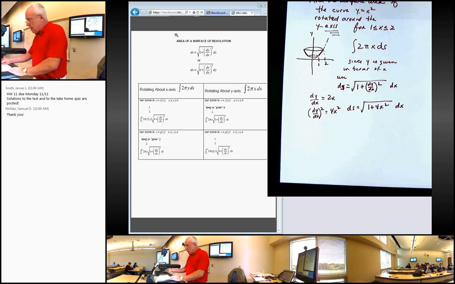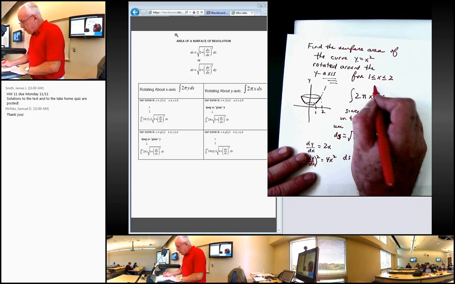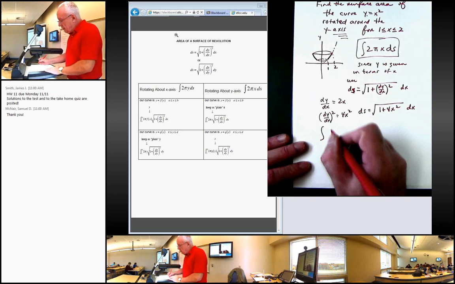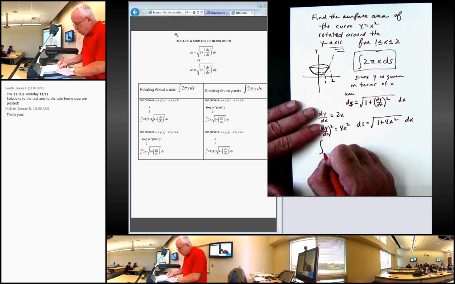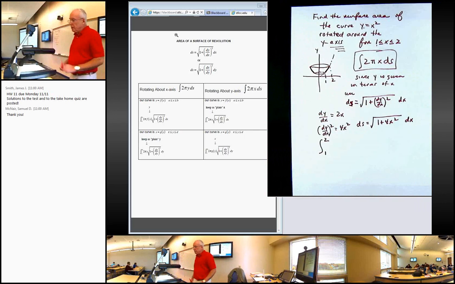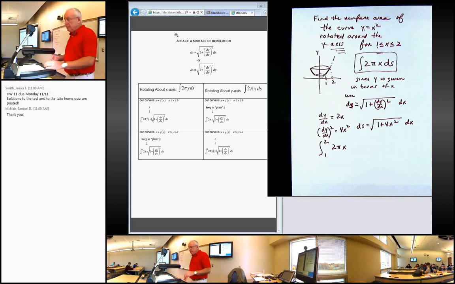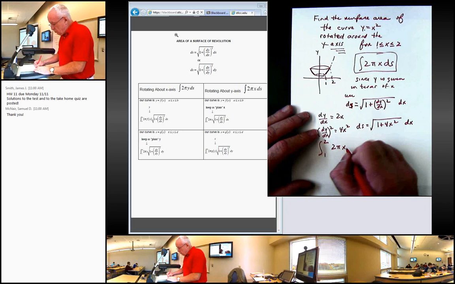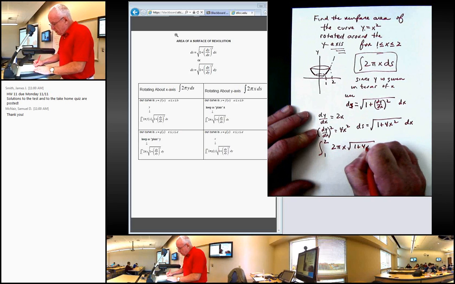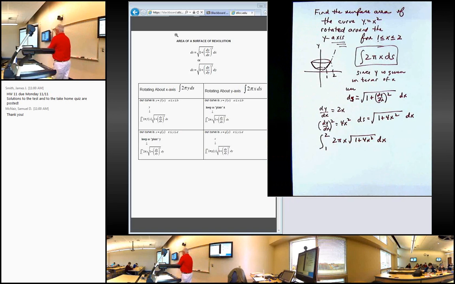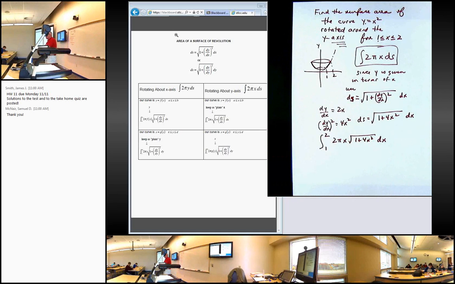Then let's go back to our entire formula. We're going to have the integral, and our x goes from 1 to 2, so we put our limits there. It's 2 pi x, and then I put my ds formula: square root of 1 plus 4x squared dx. Now this is not a bad antiderivative to get either, but what do we need to do here to obtain it?